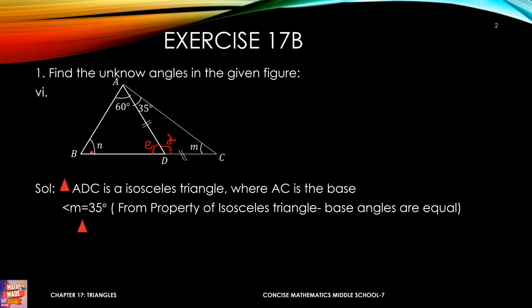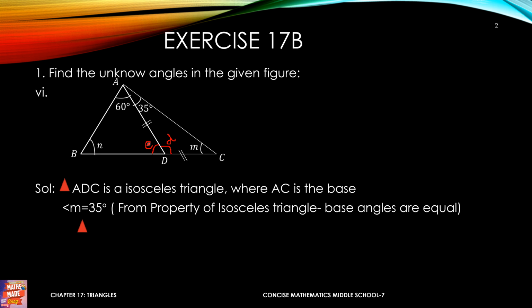But for finding this N value, look here children. If you consider this triangle, all three sides are different. They didn't mention any parallel lines with two. So we cannot say that it is isosceles or equilateral, right? So here all three sides are different. So it comes under scalene.